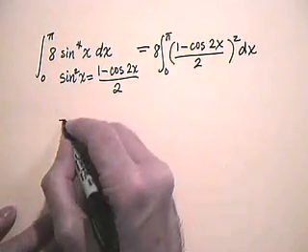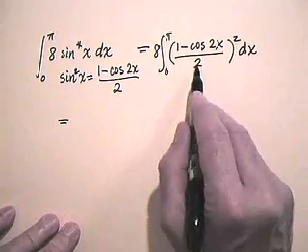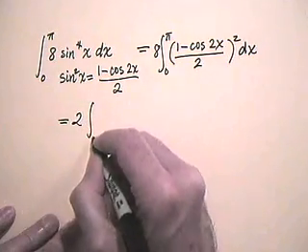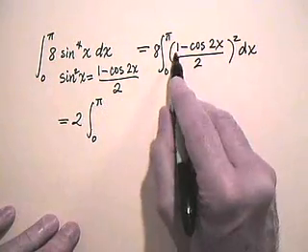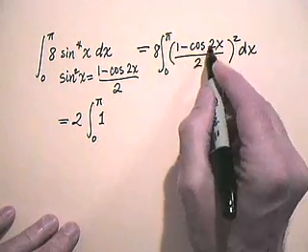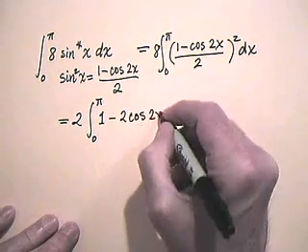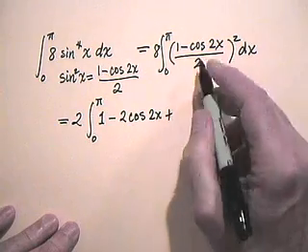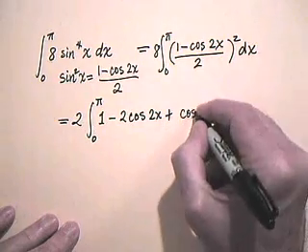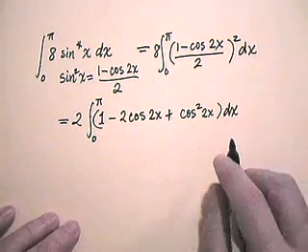So now 2 squared in the denominator comes out as a 4 in the denominator. 8/4 is 2, so we have twice the integral from 0 to pi of the square of this numerator. 1 squared is 1, minus the cross term would be minus 2 cosine 2x, and then plus the square of the cosine term itself, so that'll be cosine squared 2x, all dx.